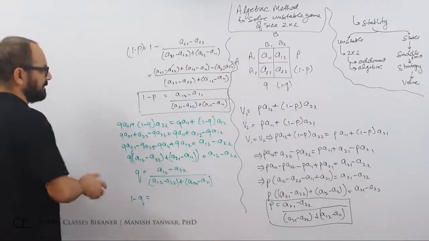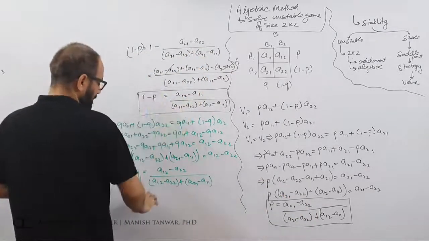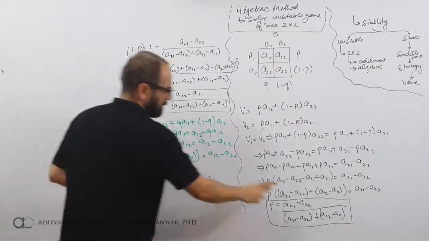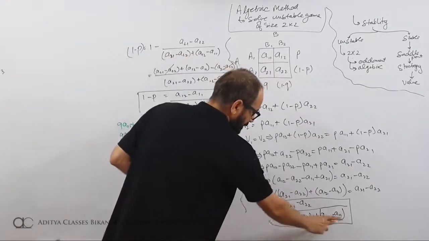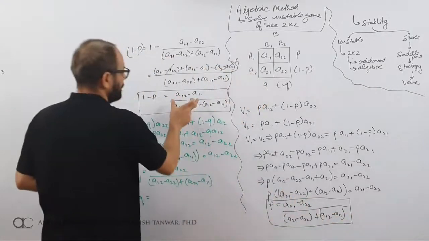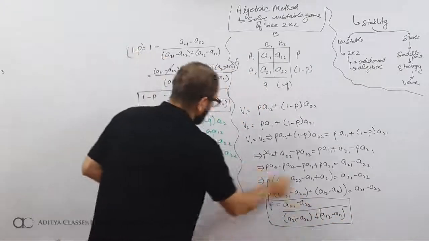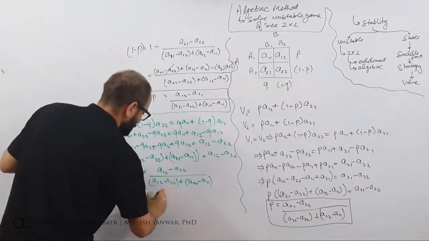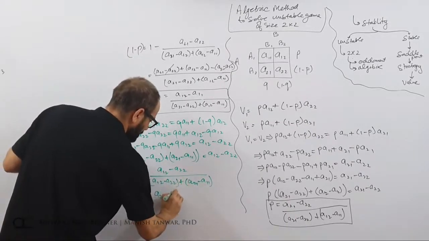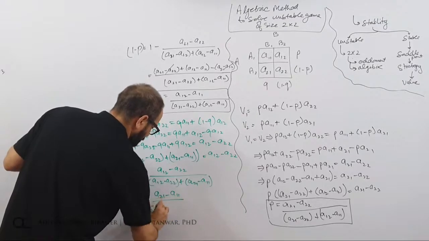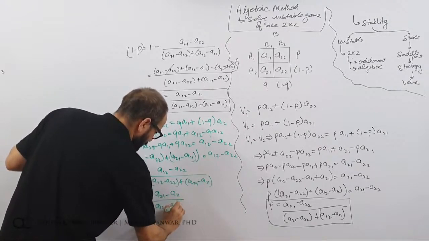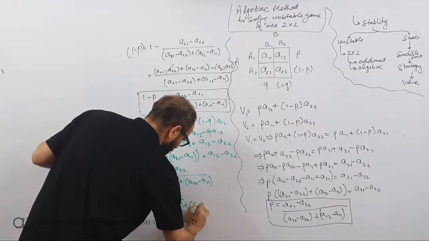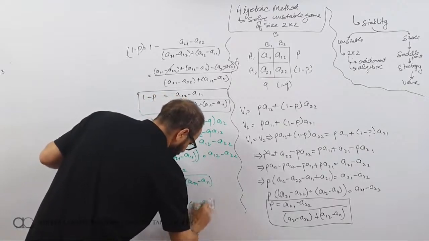So this is a bit complex, and if I go by symmetry, P was this, 1 minus P was this thing upon the complete, so these are common. This one would be A21 minus A11 upon A12 minus A22 plus A21 minus A11.